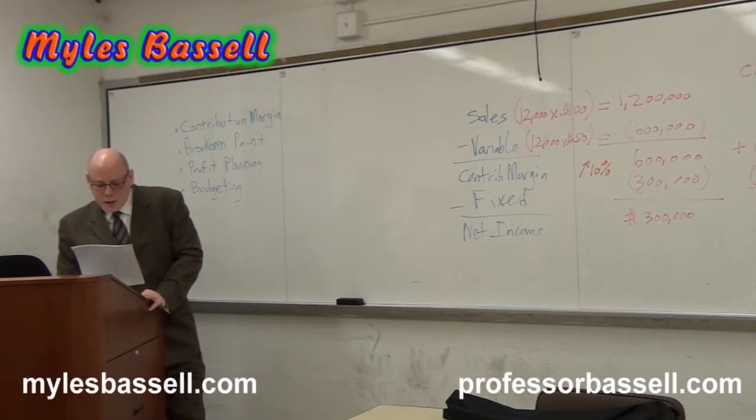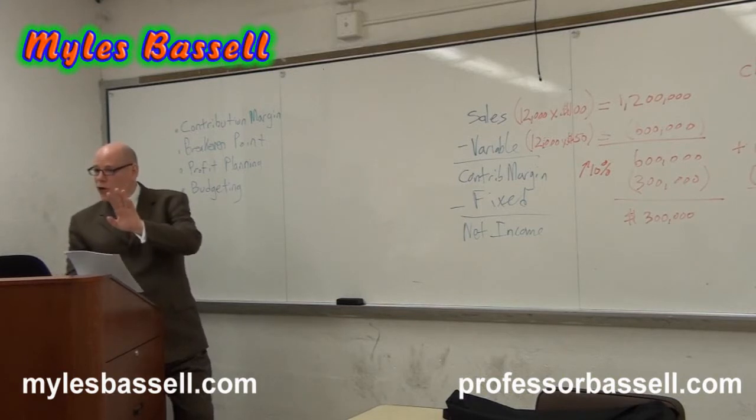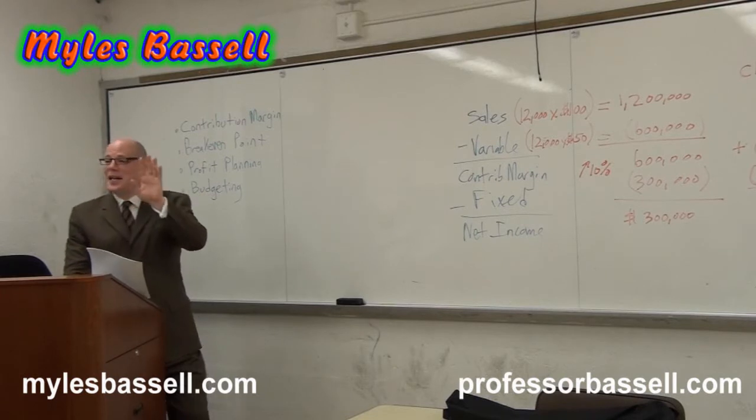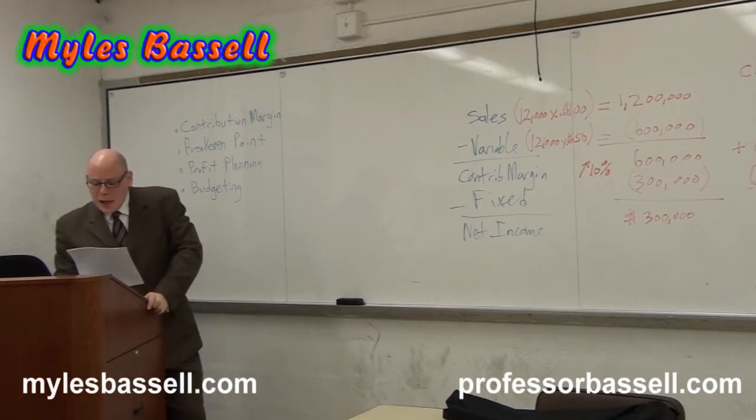All right, you got this? Damon's company produces headphones that it sells for $60. Variable manufacturing costs are $30 per unit. So they didn't tell us yet how much the non-manufacturing costs are. Remember we said there's manufacturing costs and non-manufacturing costs. They said variable manufacturing costs are $30 per unit. Fixed manufacturing costs are $10 per unit based on the current level of activity.